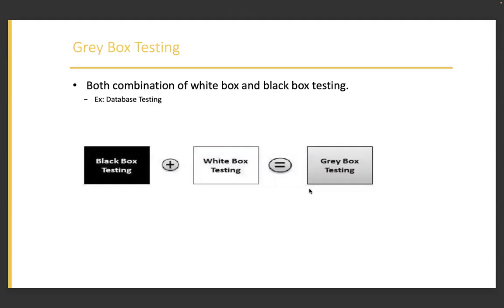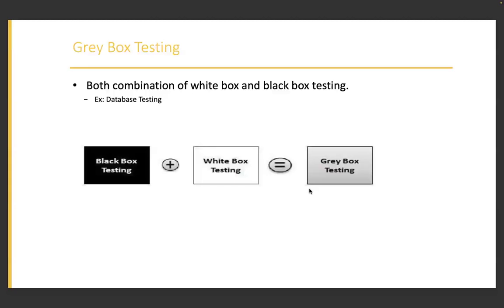Now, a combination of both, where there is some coding involved and some black box, comes under gray box. So the DB part, guys: whatever queries you write, such as select star from table, select star from table where employee is equal to, all those SQL queries come under gray box testing. Database testing is nothing but validating whether the record has been created successfully or not.